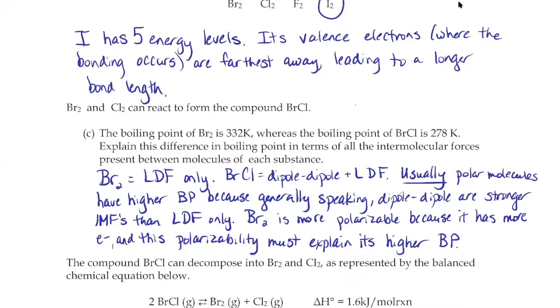For part C, where it's talking about the boiling points, bromine is 332, where BrCl is 278. So we want to look at intermolecular forces and try to explain what's going on. If you look at bromine, bromine is a non-polar molecule. You have bromine bonded to itself.